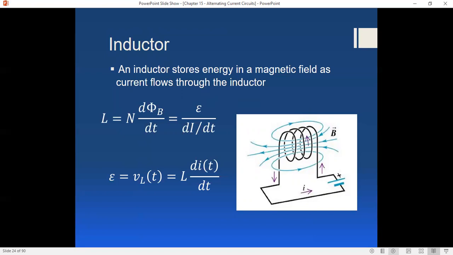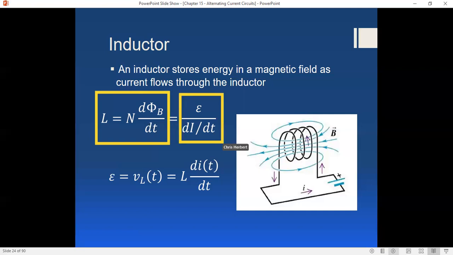So we got to go back to some ideas that we covered earlier to understand this a little bit better. Remember when we defined self-inductance as the number of turns in a solenoid times the rate of change of the magnetic field, and that self-inductance was measured in henries, which told you how many volts divided by the rate of change of current.